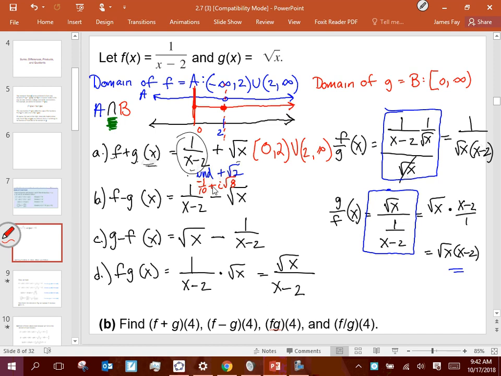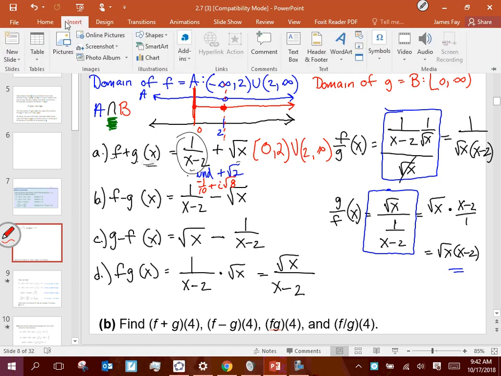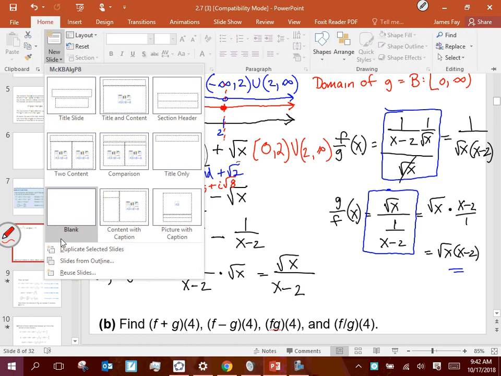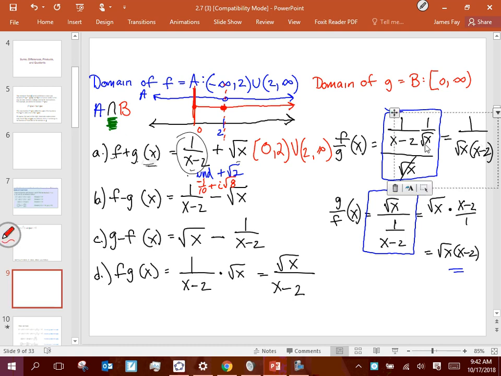All right? Now, I just want to give myself some more room. So let me insert another slide. I don't know if I can cut and paste it with that.